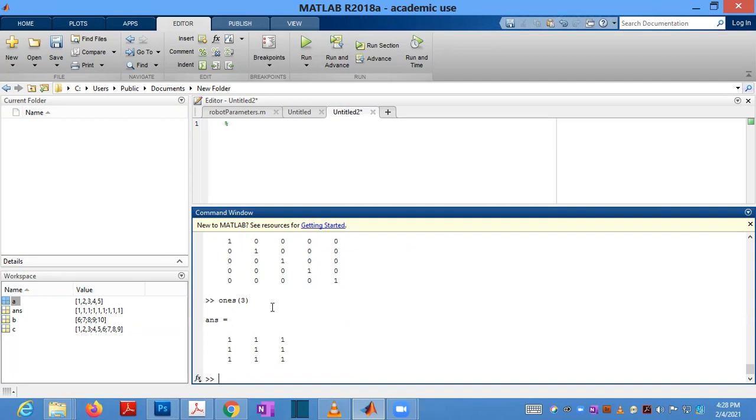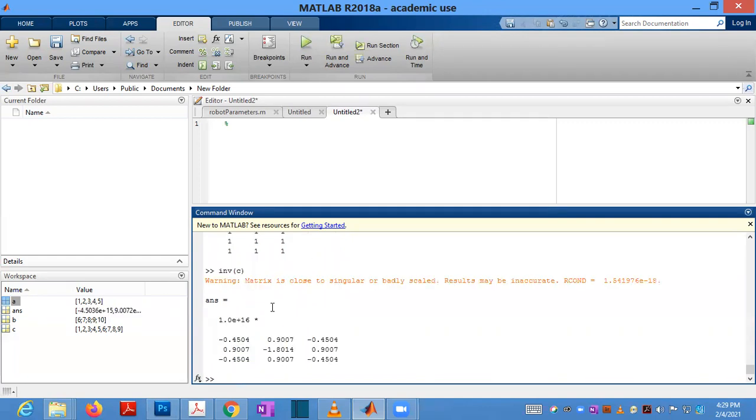Next, if you want to take the inverse, you can use the inv command. Inv of C. So the inverse of this C matrix is this one. inv is the command used for inverting that matrix, and the rank of that matrix you can calculate using rank of C. So what should be the rank of C?